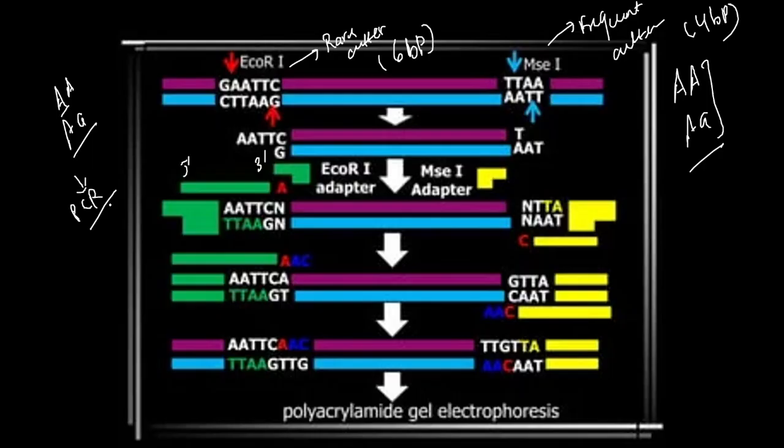So in that case, you cannot differentiate. If capital A small a is there, you will get the band, and with capital A capital A you will also get the band. You are not getting multiple bands here. So this is a technique which is dominant in nature. It cannot differentiate between homozygotes and heterozygotes.